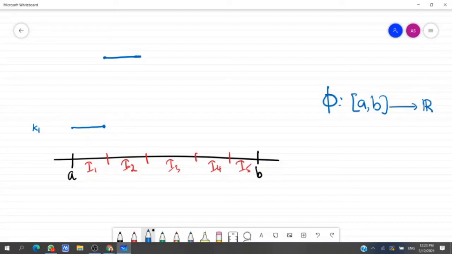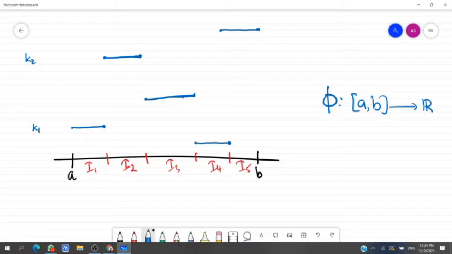You need not bother about the value of the function at the end points of the subintervals. On I2 we give the value K2, on I3 another constant value, say K3, on I4 another value K4, and on I5 another constant value. So on each subinterval it is a constant function.